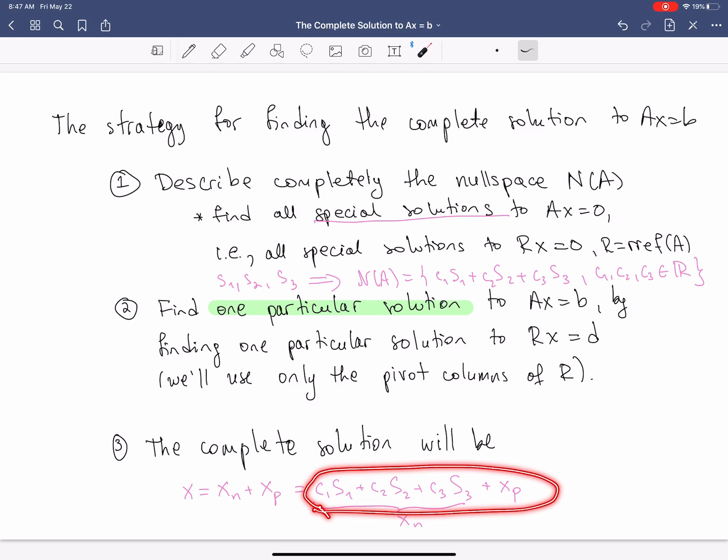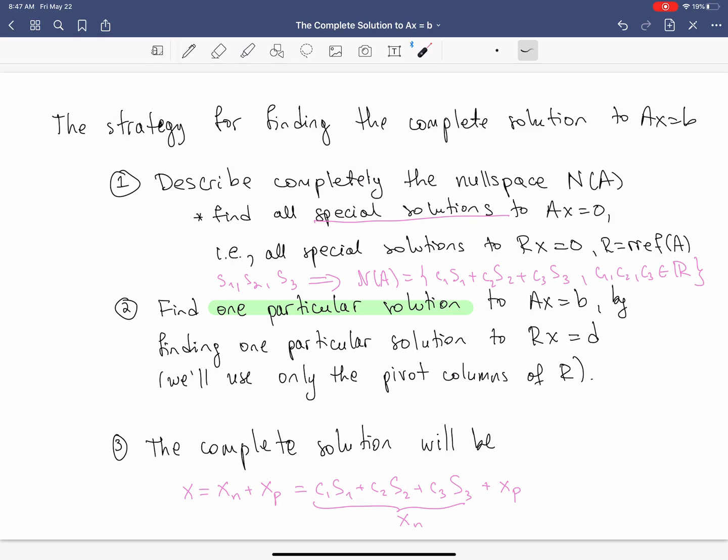The particular solution is just what it is, whereas the special solutions to Ax equals 0 get multiplied by respective constants, because all of their linear combinations express completely the null space solution.